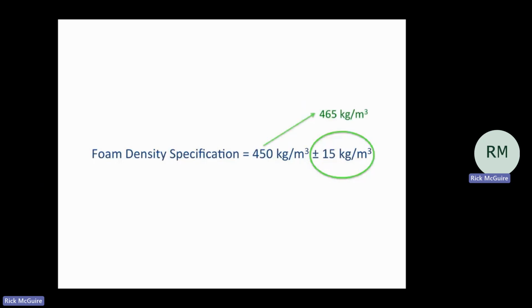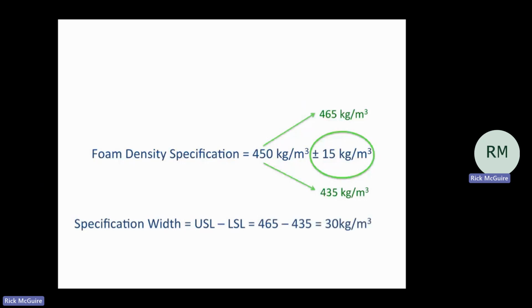Therefore, our upper specification limit is 465 and our lower limit is 435. The specification width is calculated by taking the upper specification limit minus the lower specification limit, or 465 minus 435, which gives us a specification width of 30 kilograms per cubic meter.